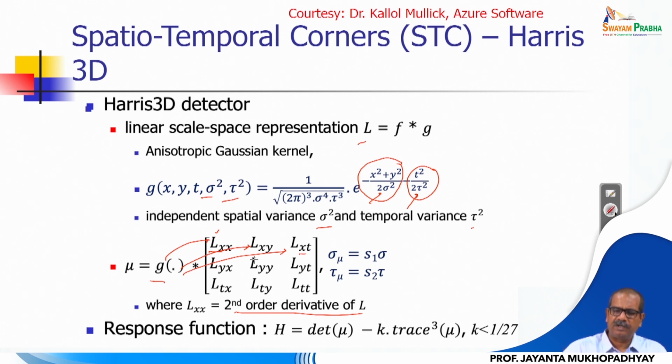Now at a particular point, you consider the Hessian matrix. Here again the same curvature analysis is applied, because for your interest point you would like to see quite significant changes when moving in any direction, which means the curvatures in any direction should be high.